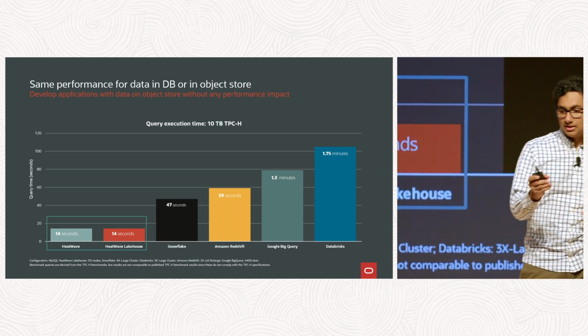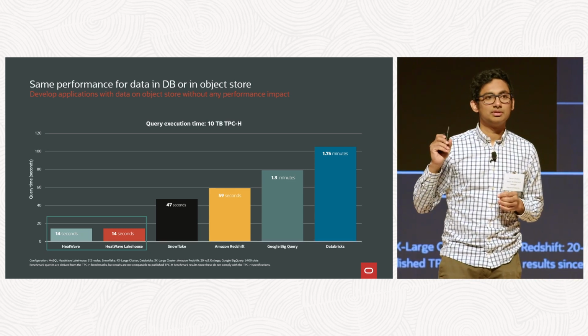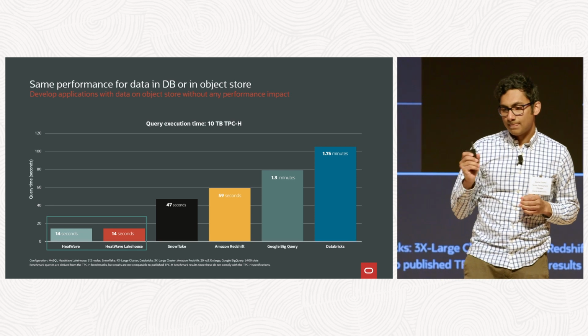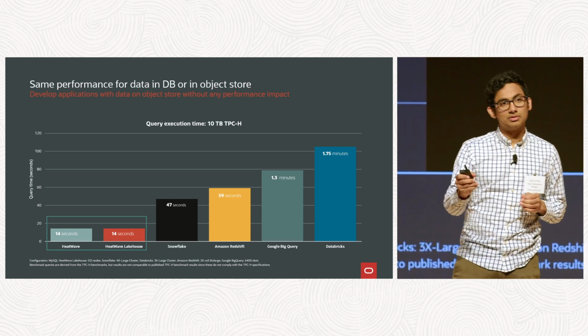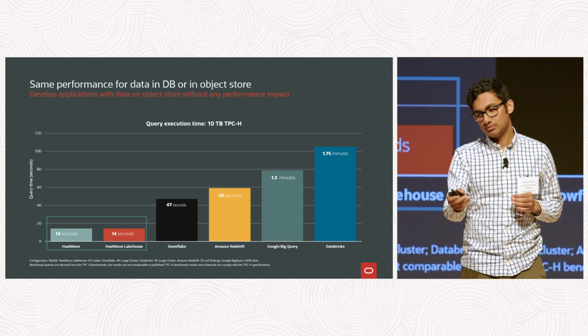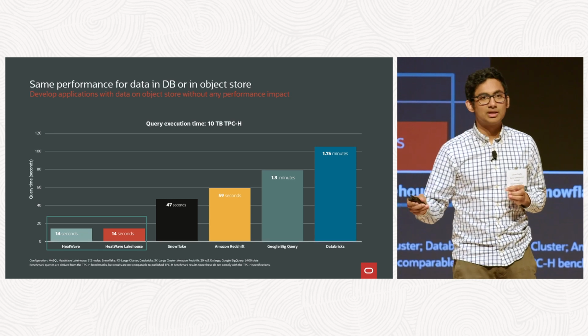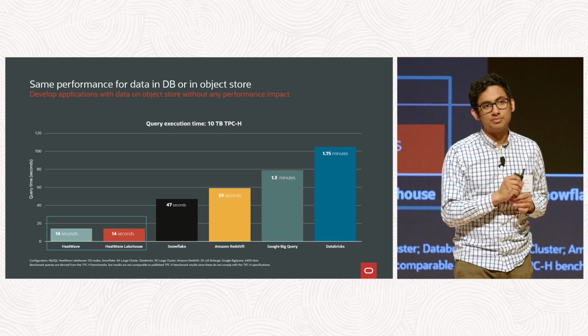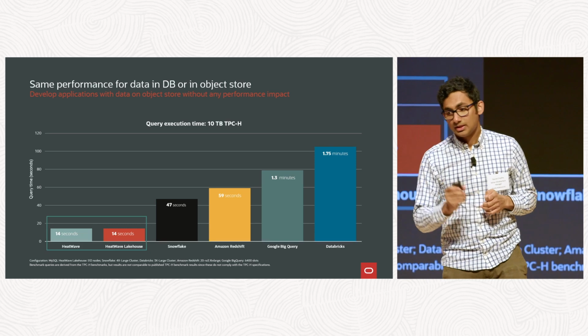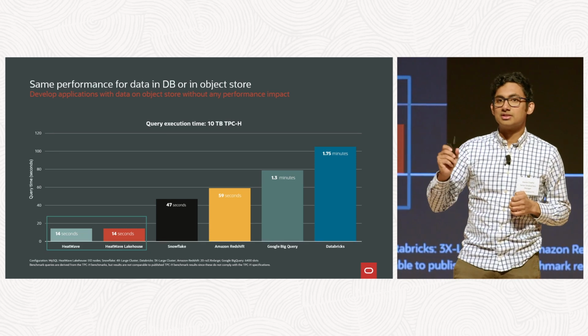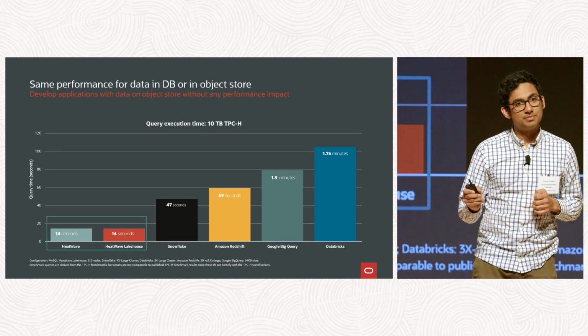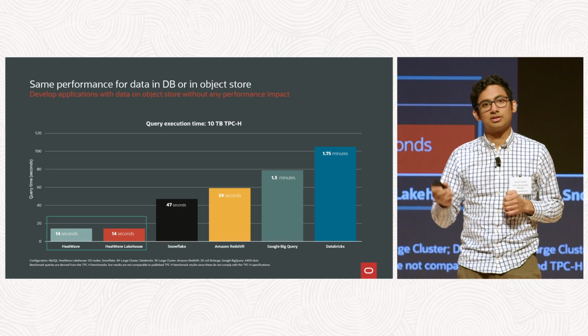As you can see, in this example, this is a 10 terabyte TPCH database, whether the data came from HeatWave, which is the MySQL database, or it came from Lakehouse, from object store, the query performance GeoMean remains the same. Also, it is much better, multiple times better than the competition out there.